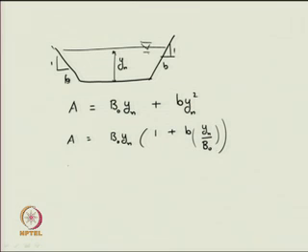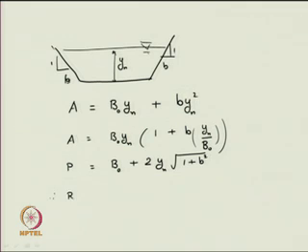Your wetted perimeter P is also given as b naught plus 2 y n into root of 1 plus m square.